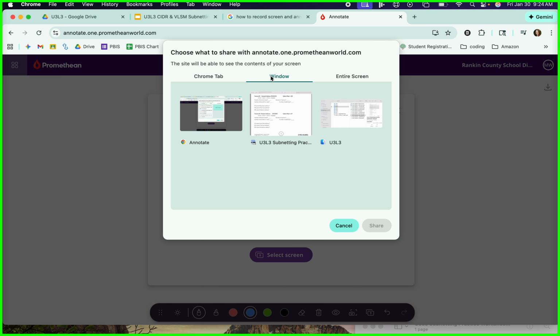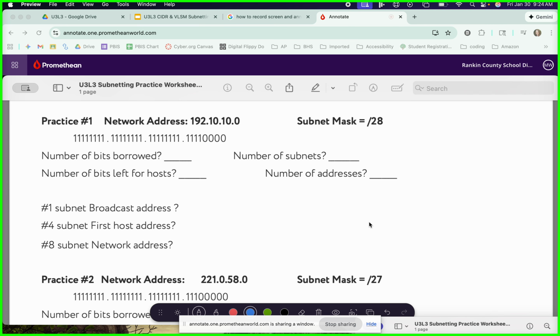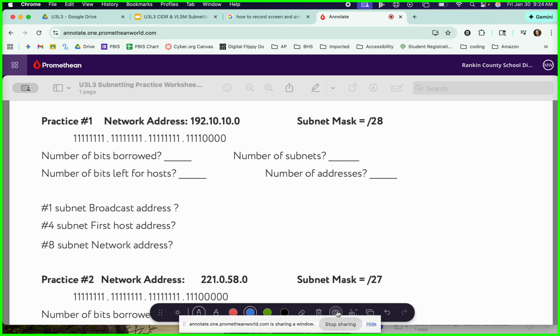Let's try that again. All right, we have a subnet mask of 28, and we have our IP address right here, but notice it is the network address.